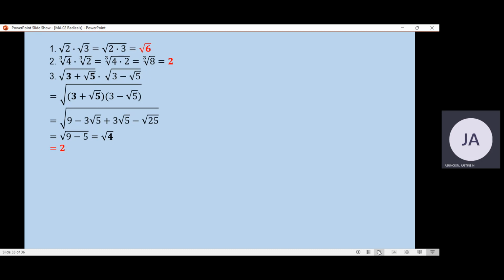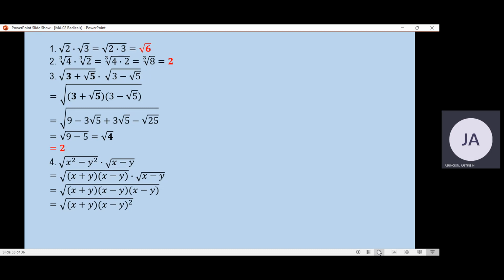And then let's have another example. The square root of x squared minus y squared times the square root of x minus y, rather. Again, same index here, so multiply the radicands. x squared minus y squared can be expressed as the quantity x plus y times the quantity x minus y. Simplifying this, we have the square root of the quantity x plus y times the quantity x minus y squared.